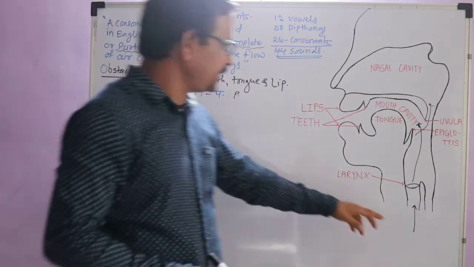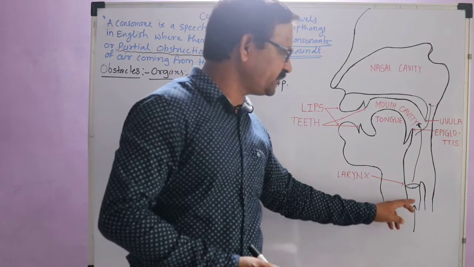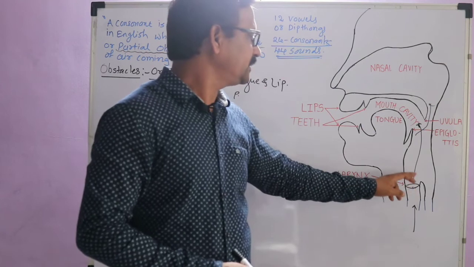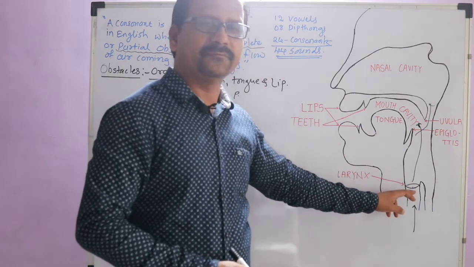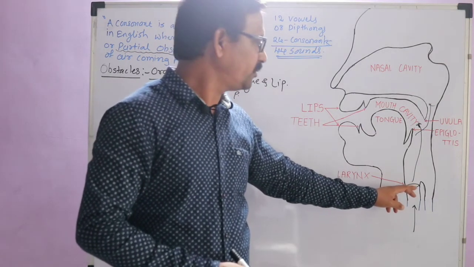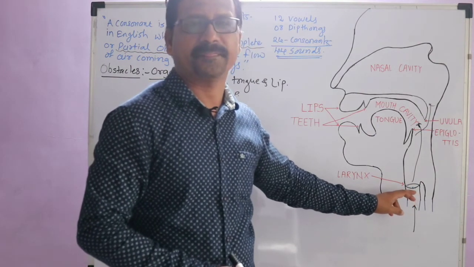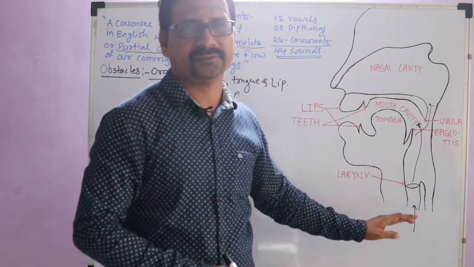So what happens is that air comes from our lungs, it comes to the vocal cords. The vocal cords do not vibrate in the case of p, because p is a voiceless sound.